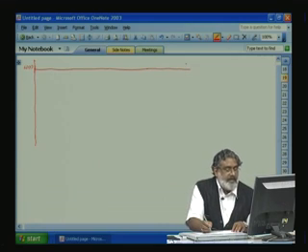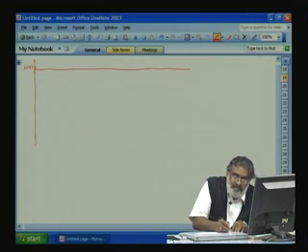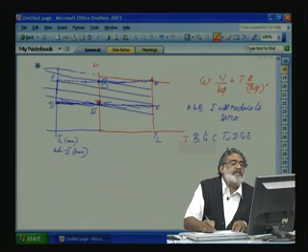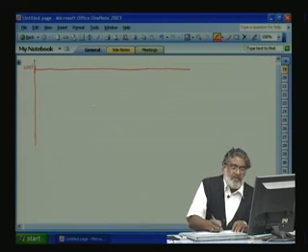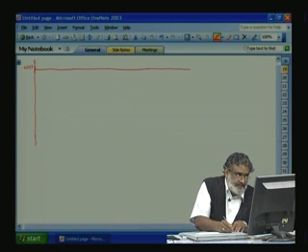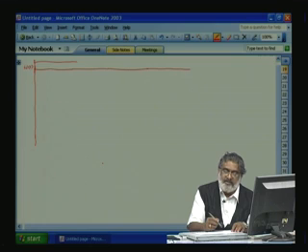Now, the machine is running with a constant speed, that means according to our previous case, the machine is running at A. Now, we want to come to F. So, we are asking the machine to go, instead of speed reduction, to a negative speed.